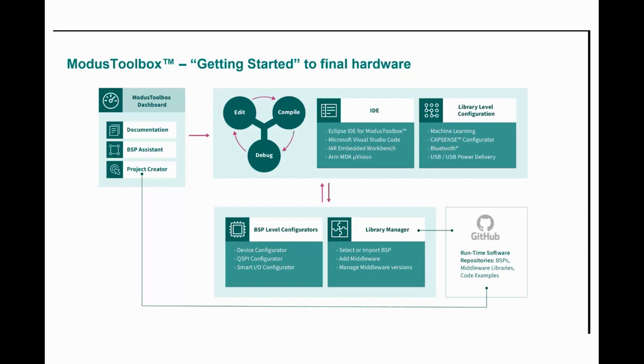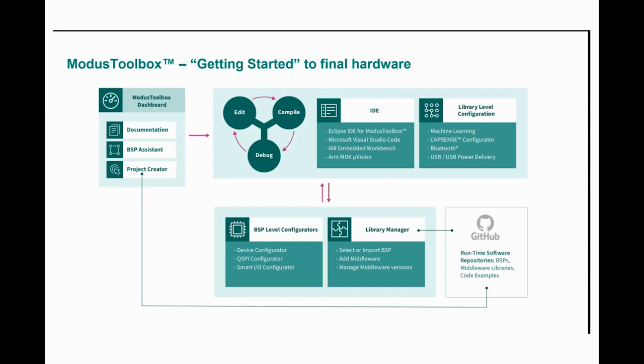When you're working with ModusToolbox, we'll have a dashboard, which we'll show, that provides an entry point to get you started. But once you get that project created and all of those pieces up and running, we live in this edit, compile, debug cycle. We're working inside of an IDE, making modifications to our project. This is the typical stuff we deal with when designing and creating an embedded product.